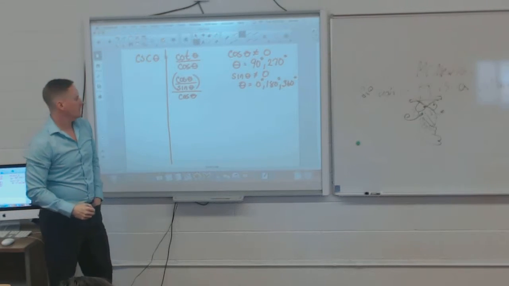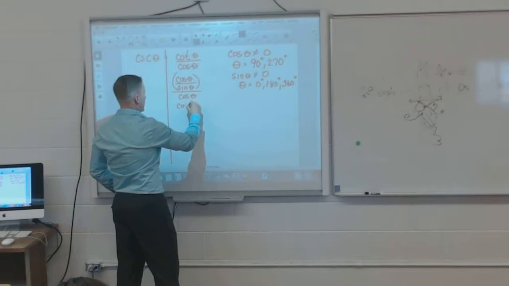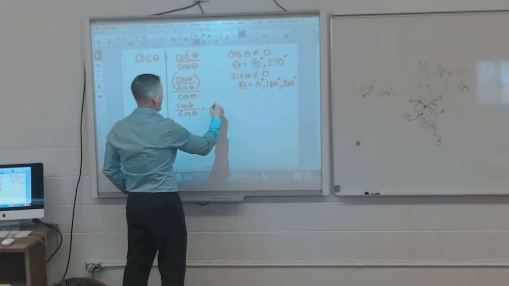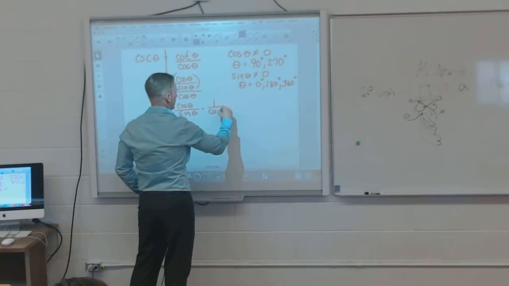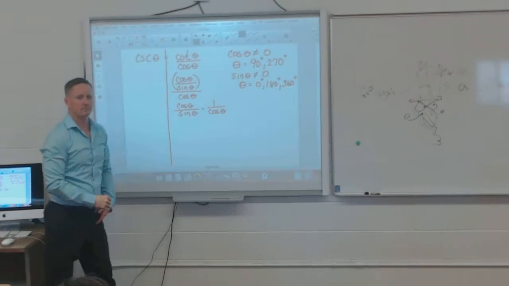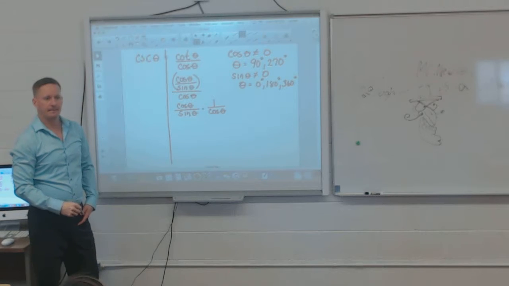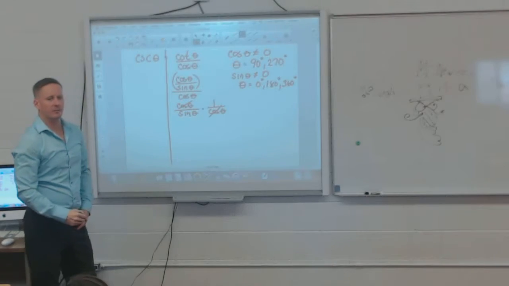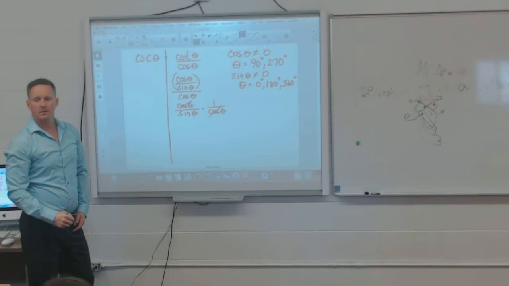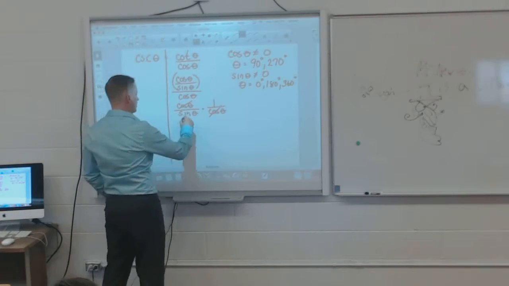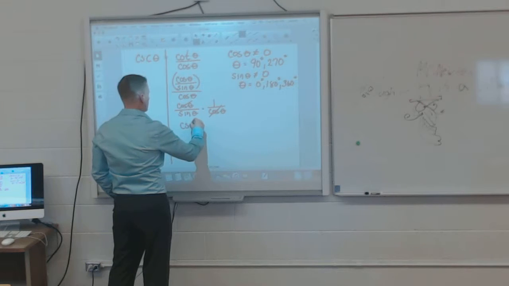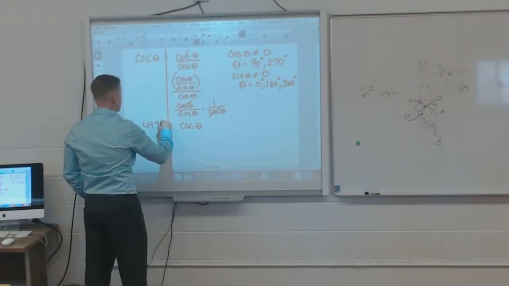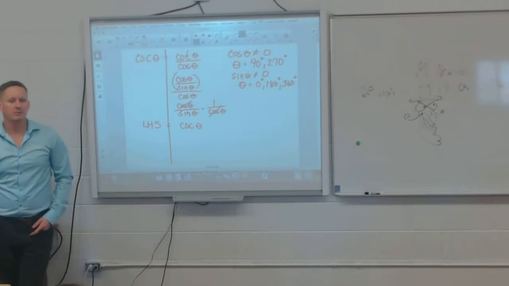That's like saying cos theta over sine theta times 1 over cos theta. Agreed? Those cancel. What am I left with? 1 over sine theta, and what is 1 over sine theta? Cosecant theta, which equals the left-hand side. There's my proof.